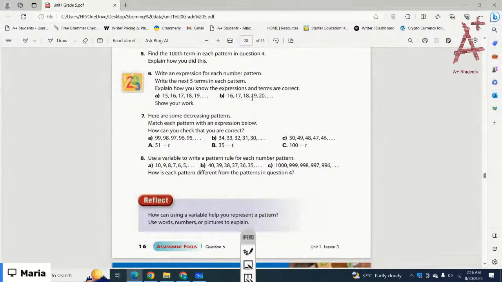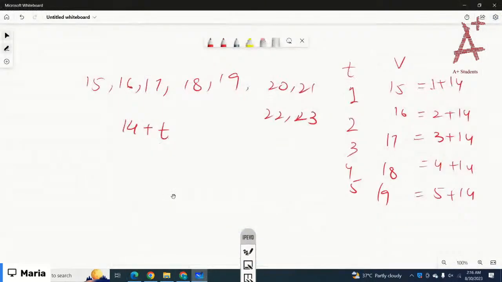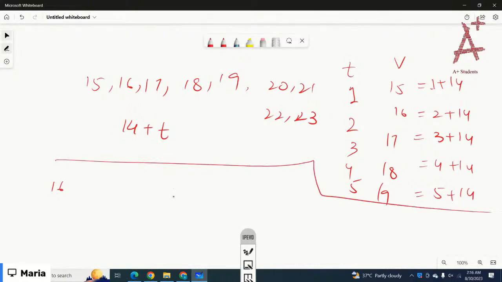Okay, the next one is 16, 17, 18, 19, 20. Let's start with terms 1, 2, 3, 4.